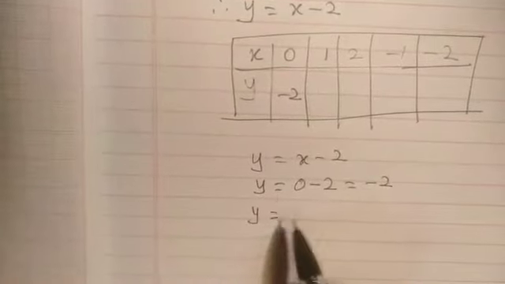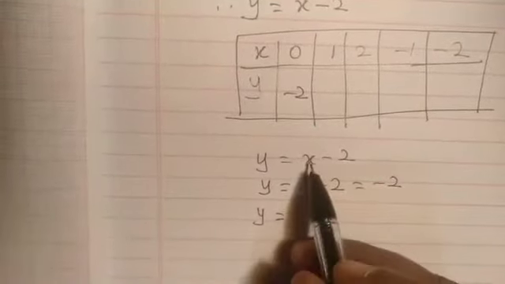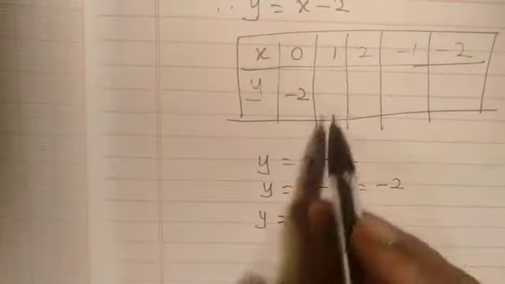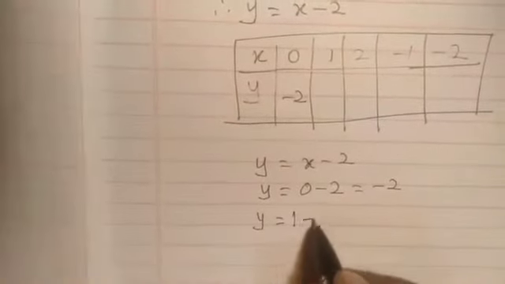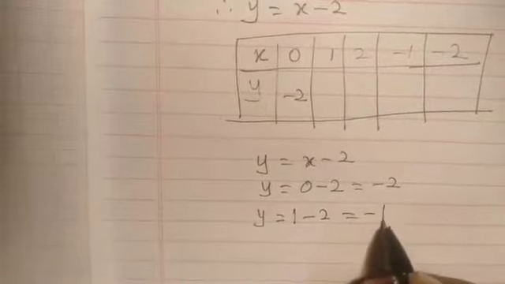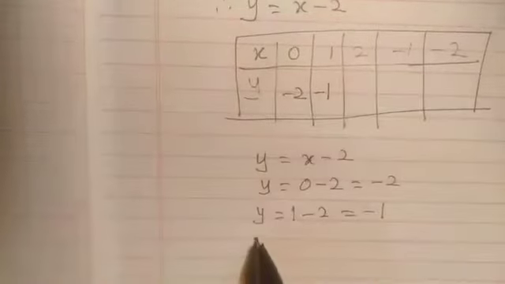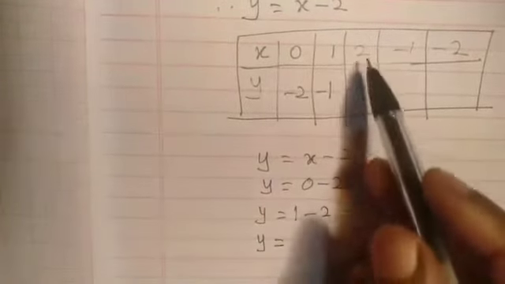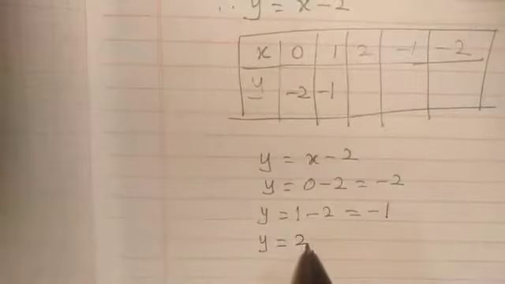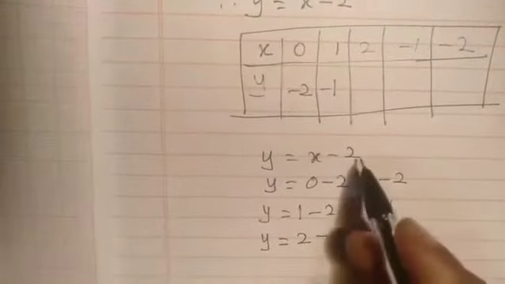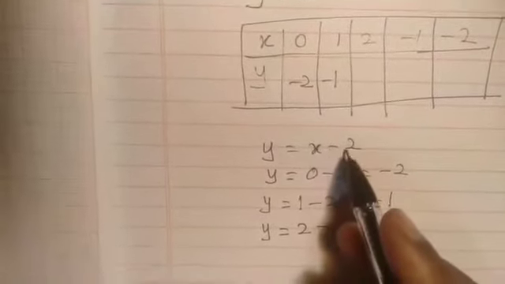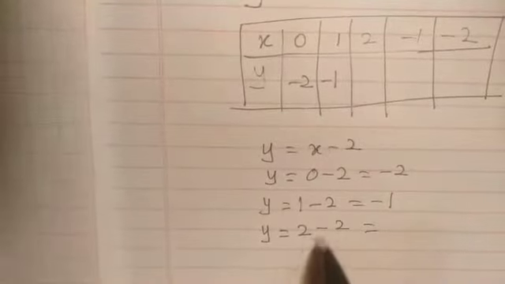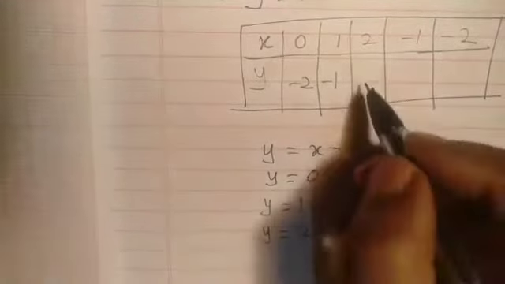Next, x value 1: 1 minus 2 equals minus 1. Next, x value 2: 2 minus 2, because minus 2 is already in the equation, gives 0.